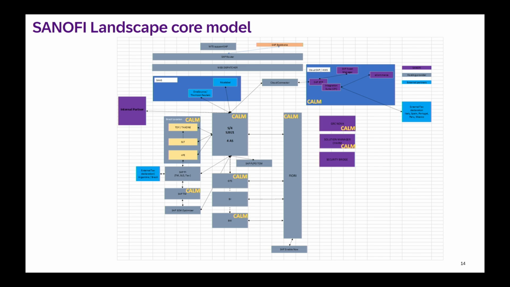So just to summarize the new core model landscape. We have a lot of systems, and we started the journey for the core model 7 years ago. We deployed the S4 system 1610, and now we are on the 2021 version.